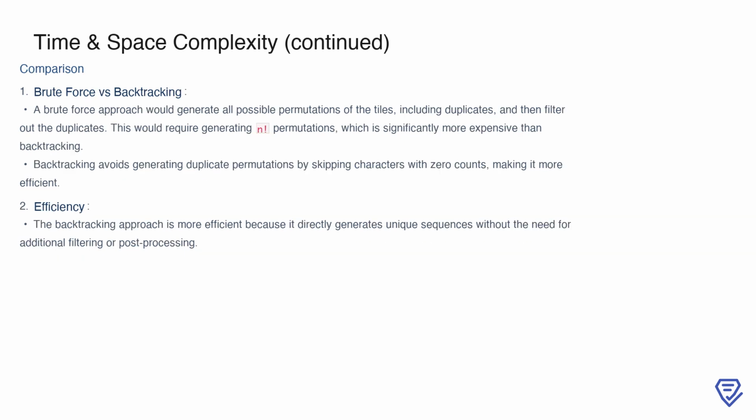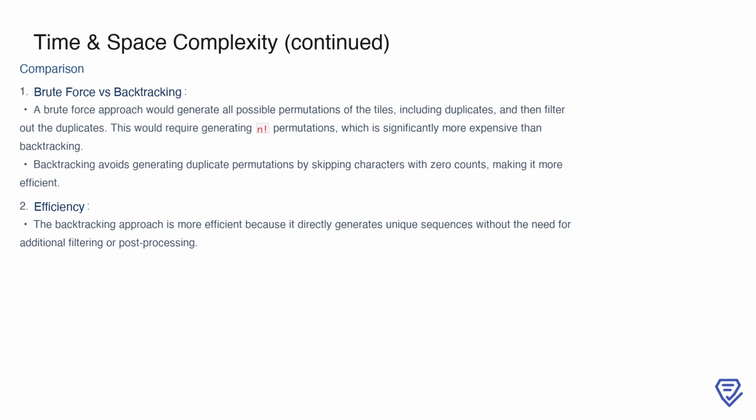When comparing the backtracking approach to a brute force method, the advantages become clear. A brute force approach would generate all possible permutations of the tiles, including duplicates, and then filter out the duplicates afterward. This process requires generating n! permutations, which is computationally expensive and inefficient. In contrast, backtracking directly avoids duplicates during the generation process by skipping over characters with a zero count.